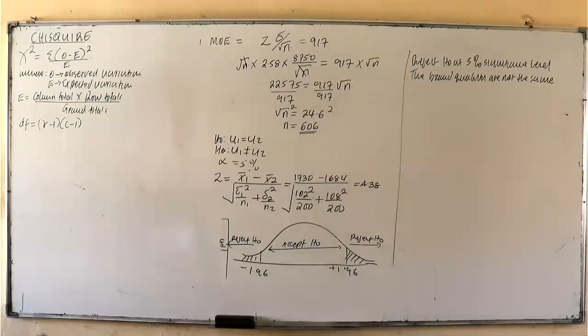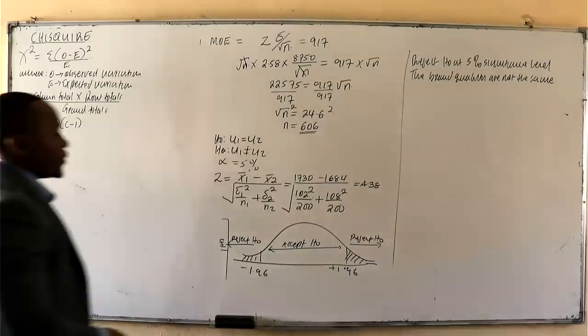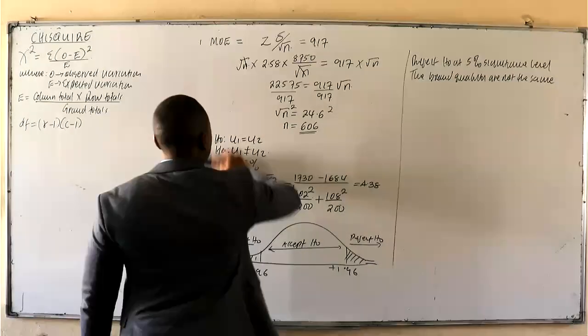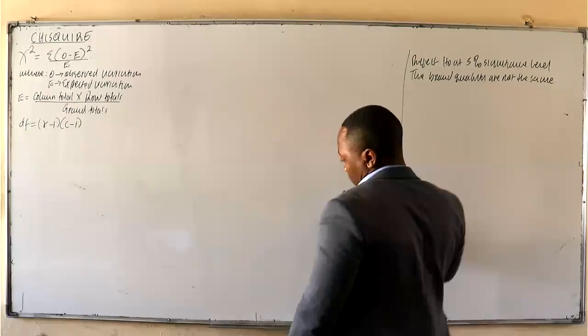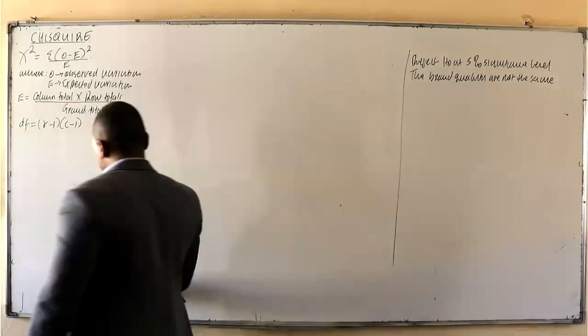So I want us to do that question. The chi-square is used to compare the attributes.